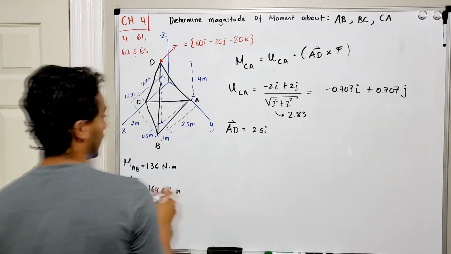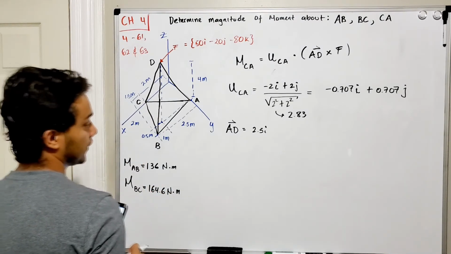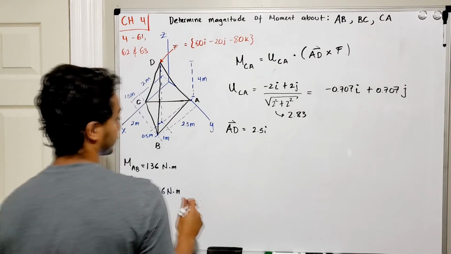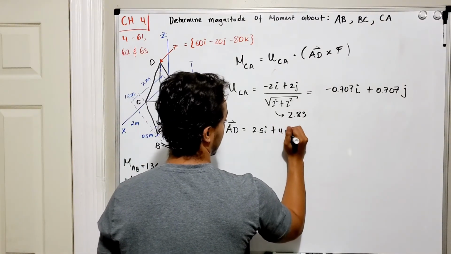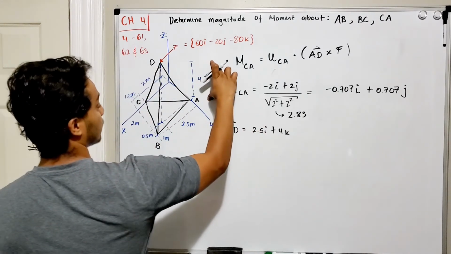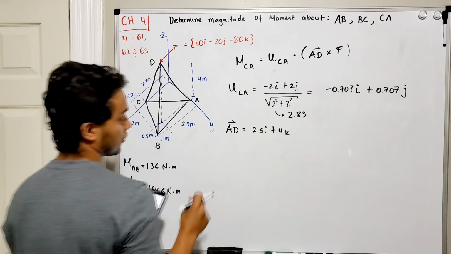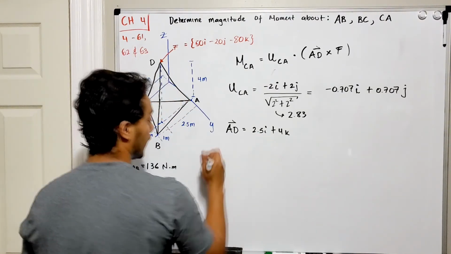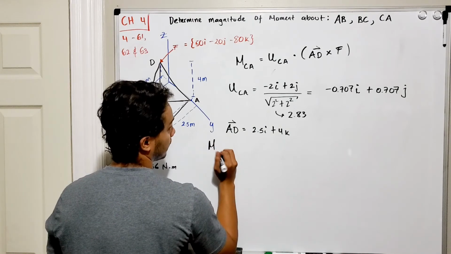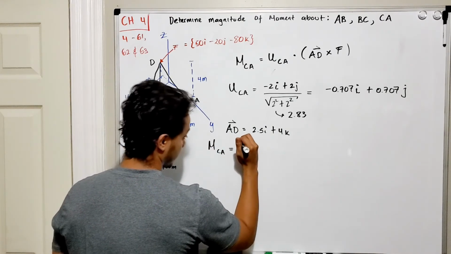Then in the y direction, both of them have the same, so I have nothing. And then plus 4 in the k direction, because D has 4 meters while A only has 0, so it's 4 minus 0. So we found that.